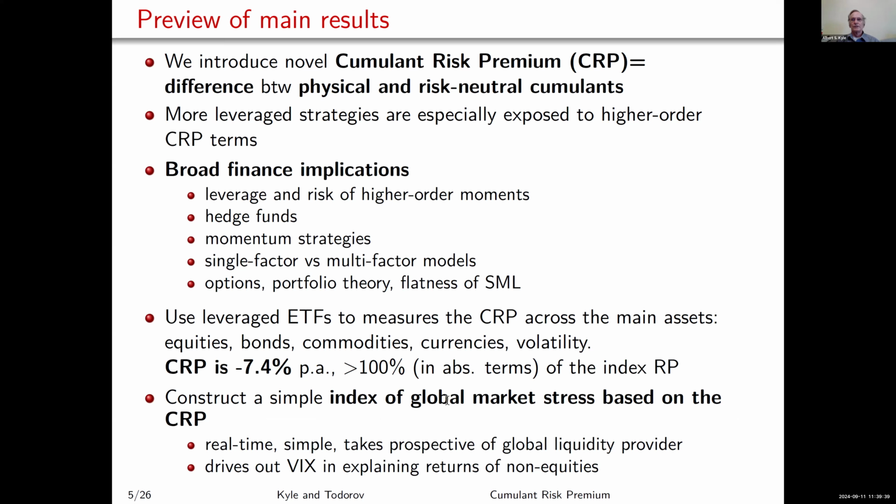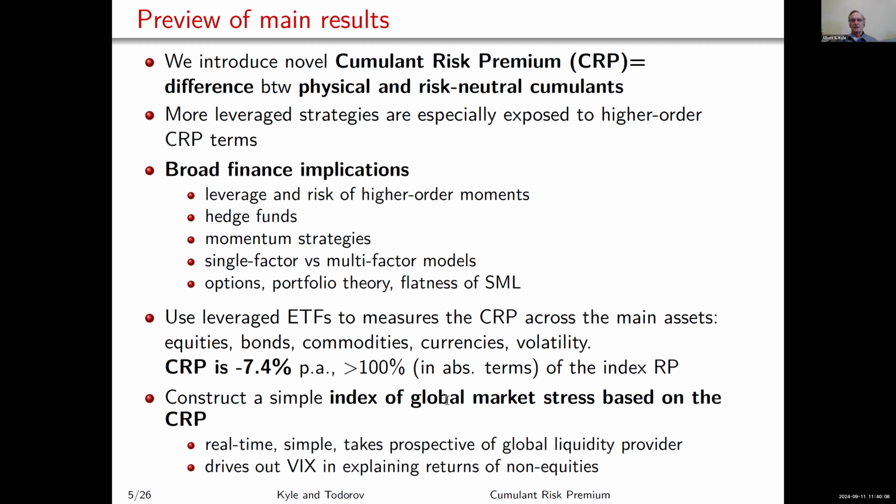Okay, so what are we going to do in this paper? We're going to introduce something that we call the cumulant risk premium. You can think of this as the difference between physical and risk neutral cumulants. Cumulants are associated with probability distributions; I'll define them in a minute. But it's a way to think about measuring the difference between the risk neutral distribution and the physical distribution, and summarizing it in what we hope is a useful way.